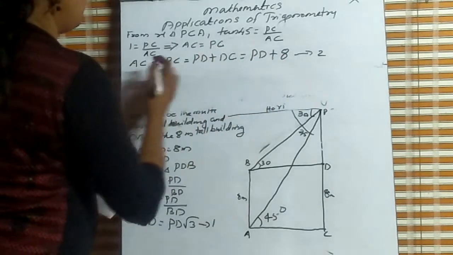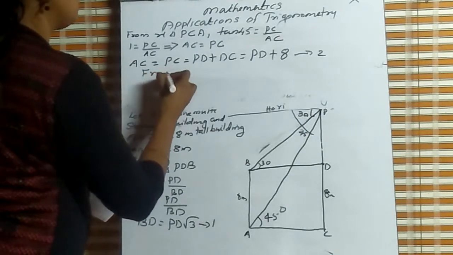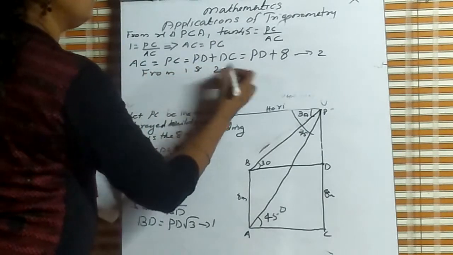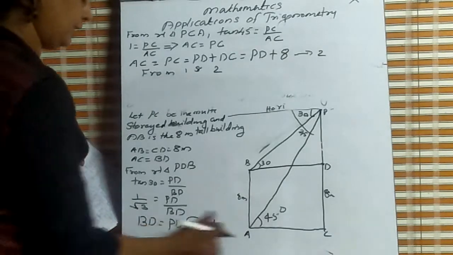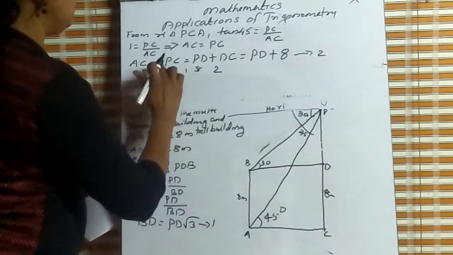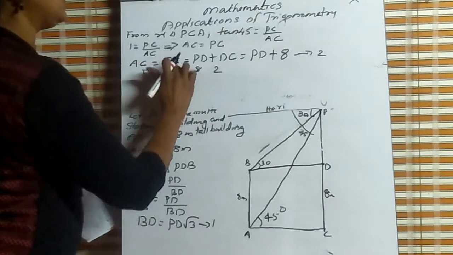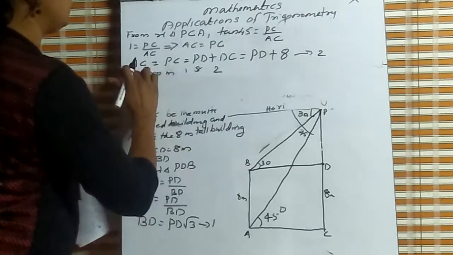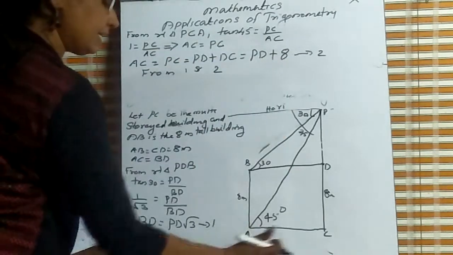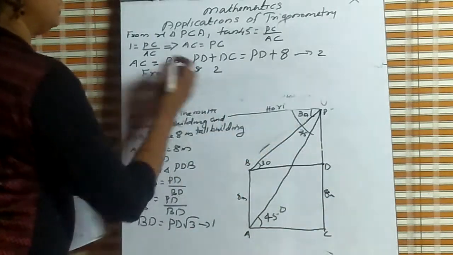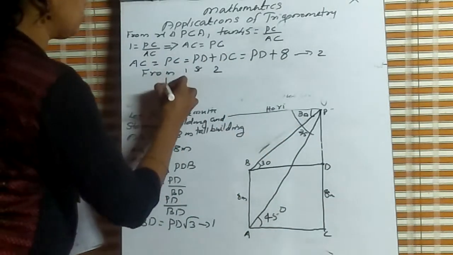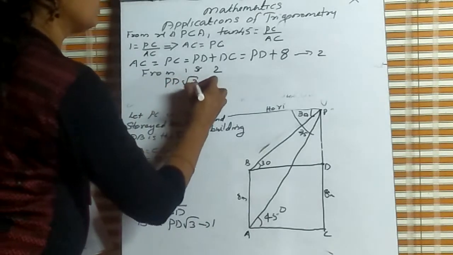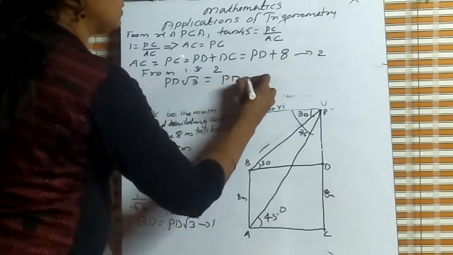Then equate 1 and 2. From 1 and 2, BD is equal to AC. Here AC equals PC equals PD plus 8. AC and BD are equal. Therefore, PD root 3 is equal to PD plus 8.